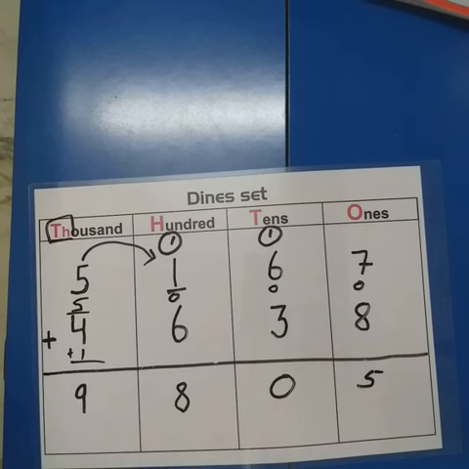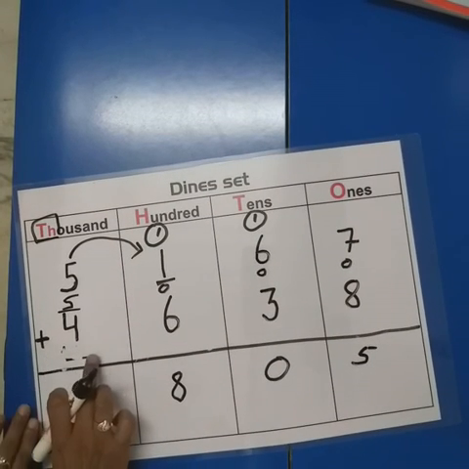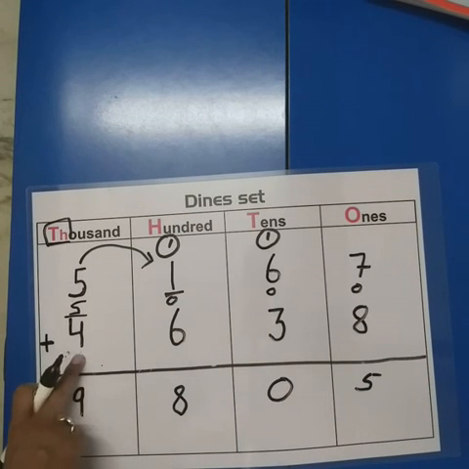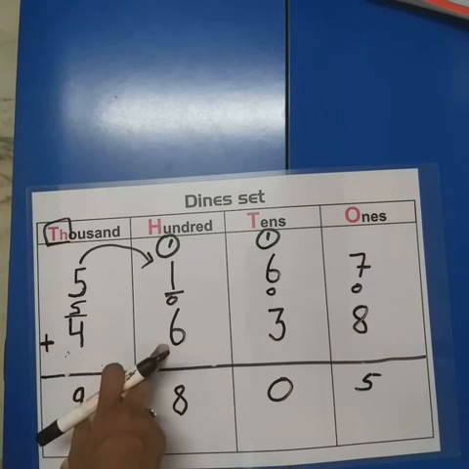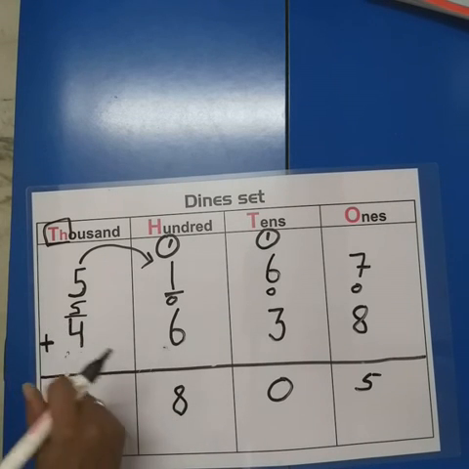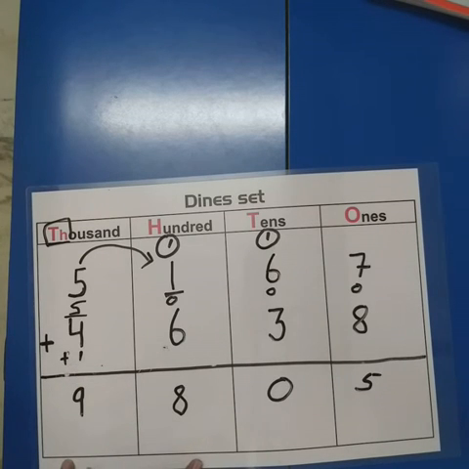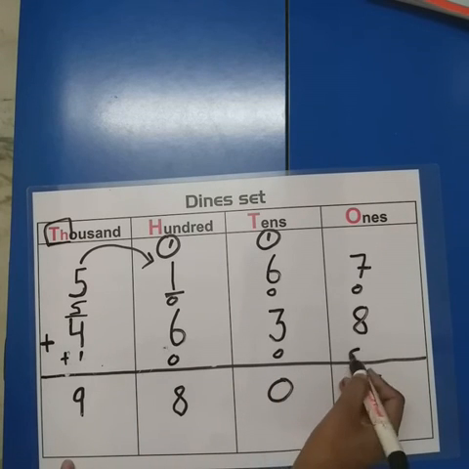Now we come to the next number. In this number we have 4 and we look at the hundreds place. If we have 5 or more than 5, then we will add 1 in the thousands place, and the remaining places will become 0, 0, 0.